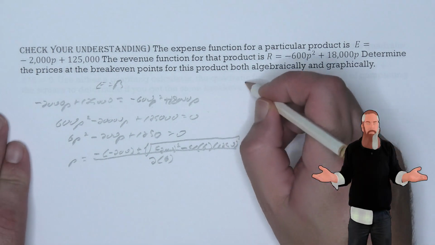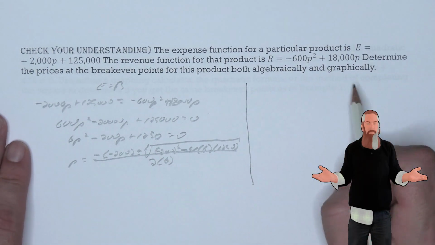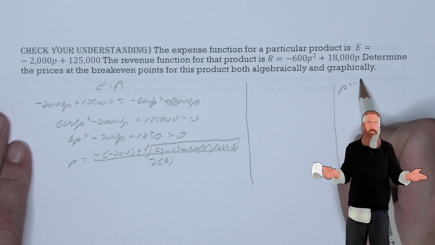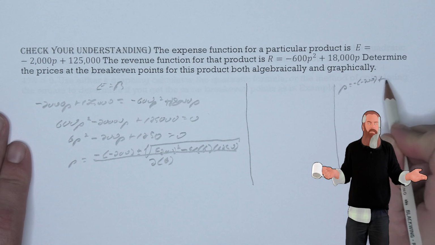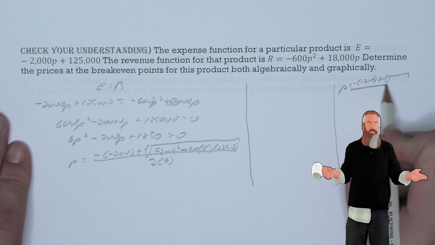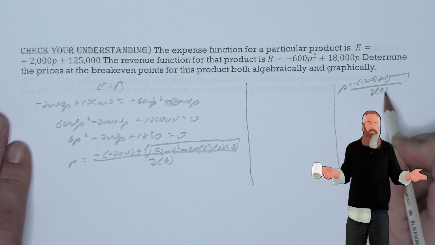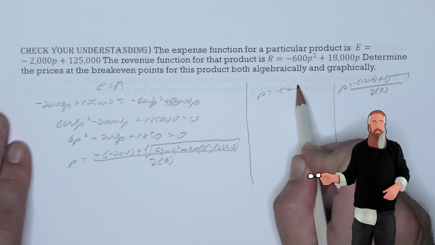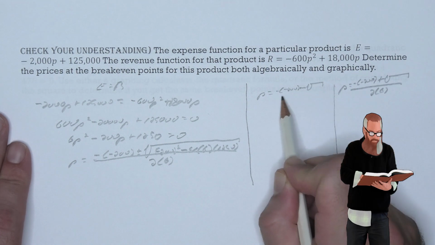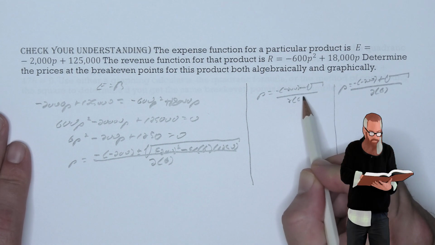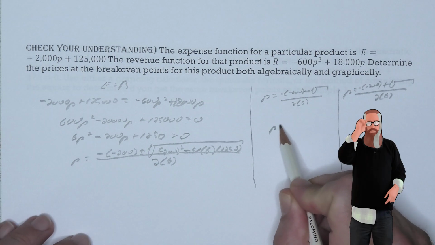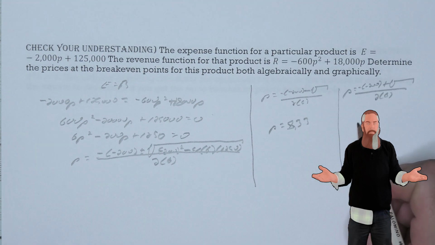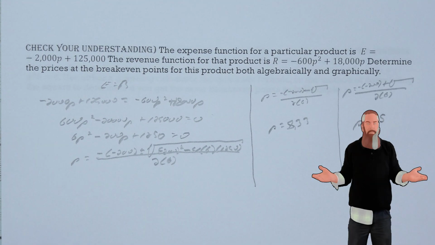This means that we do have two separate answers. One where p is the positive version, so p is negative times negative 200 plus that square rooted, divided by 2 times 6. And that p is negative times negative 200 minus that square rooted, all over 2 times 6. This will give us that p is $8.33 and that p is $25.